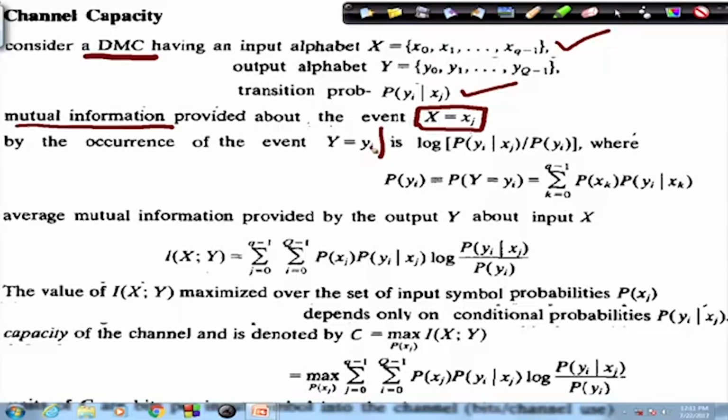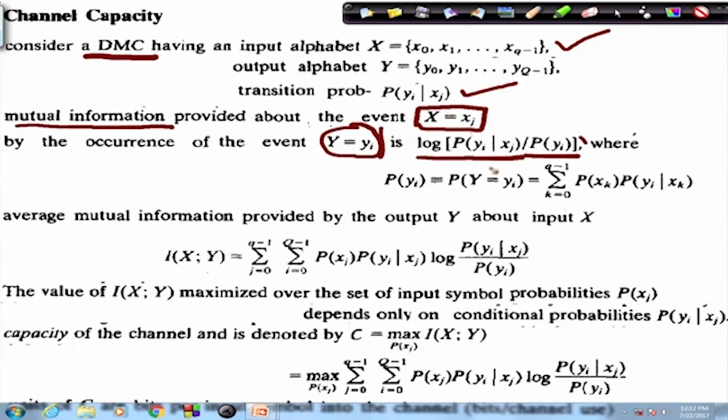What we have is given by the expression log of p of y_i given x_j upon p of y_i. So, when an output is observed, what is the mutual information with a particular source symbol.